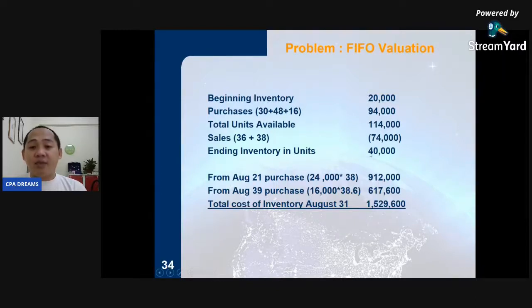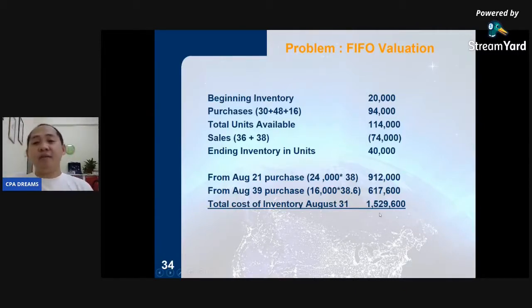Then ang ending inventory units is 40,000. 24,000 multiplied by 38 is 912,000. From August 29, 16,000 multiplied by 38.6 is 617,600. So, ang total cost of inventory mo is 1,529,600. Okay? Ang tanong pala is total cost of inventory, which is 1,529,600.